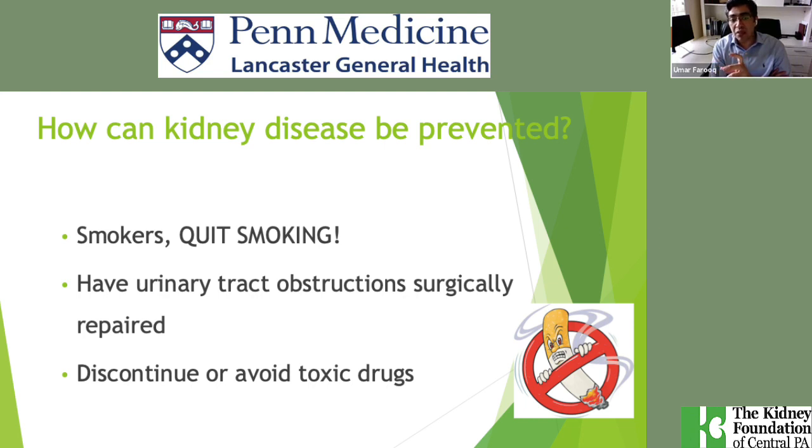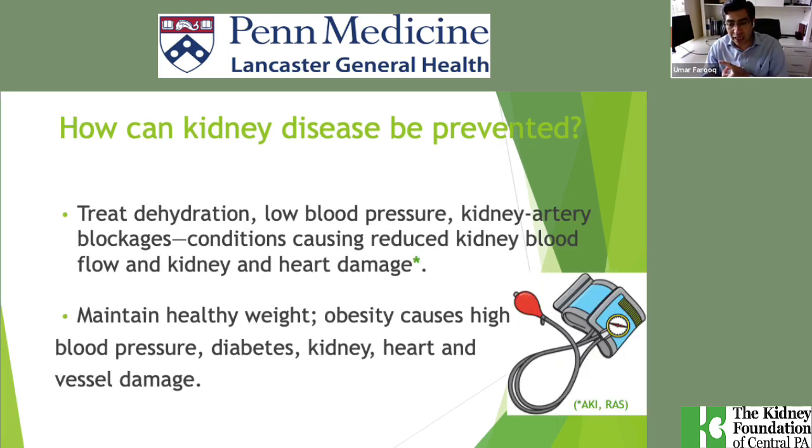So if somebody is at stage 4 and needs dialysis in 10 years versus another person needing it in 4 years, there's a huge difference. And that's where healthy lifestyle and control of blood pressure come into play. Smokers, quit smoking, avoid toxins. Really the main thing in my mind is control your high blood pressure, control the diabetes.